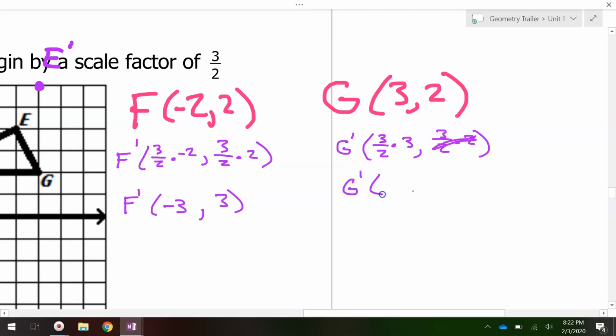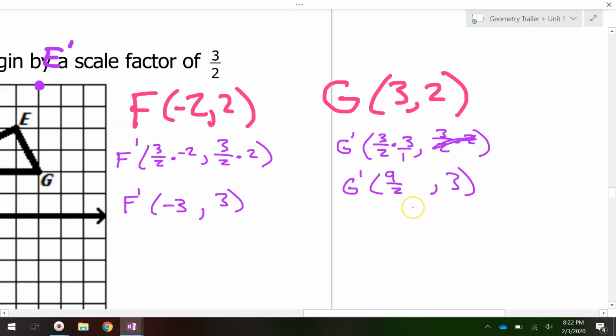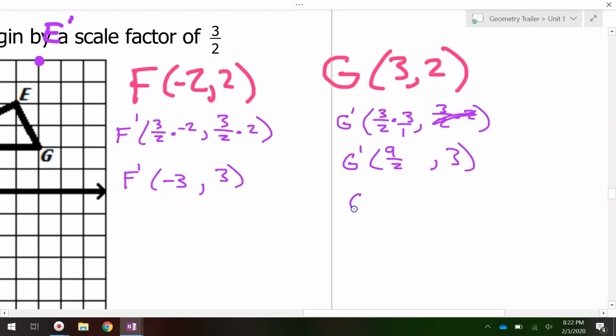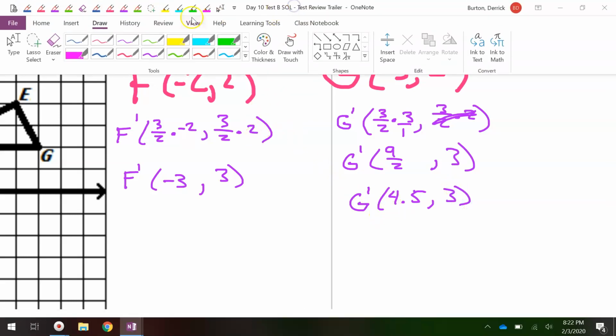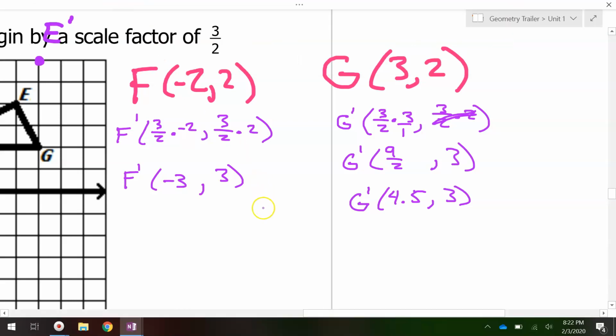So I'm going to go ahead and put comma 3. Now this part, I'm going to do this again. So this is going to be 9 over 2. But 9 over 2, 9 divided by 2 is 4.5. So this is going to be 4.5 comma 3. So that is going to be my G prime, 4.5 comma 3.